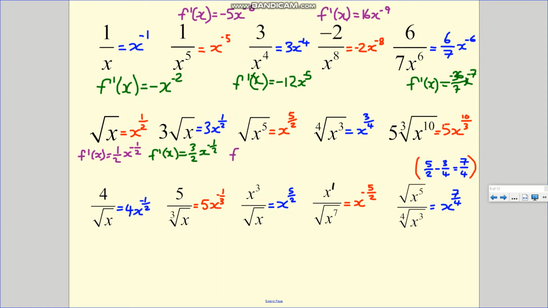For number 3, the 5 over 2 comes down. So 5 halves come down, and then I'm taking 2 halves away from my power because 2 halves make a whole. So my final power is going to be 3 over 2.